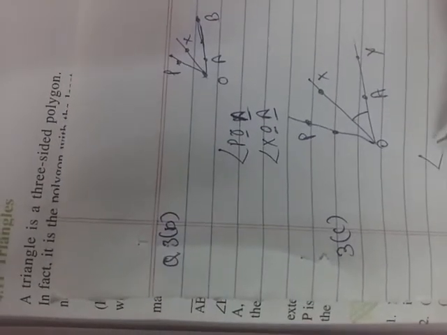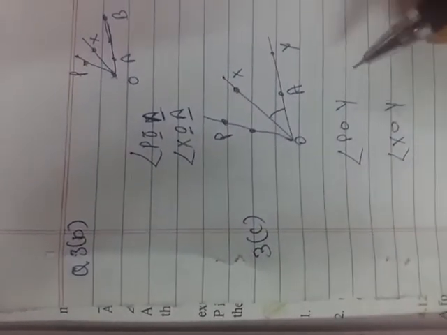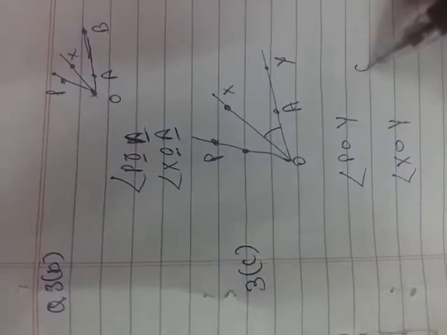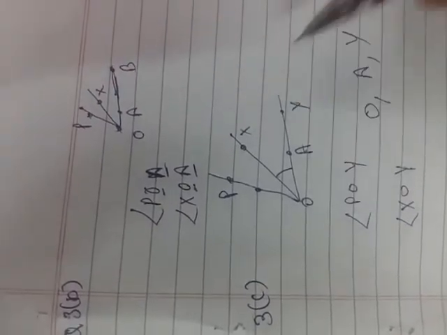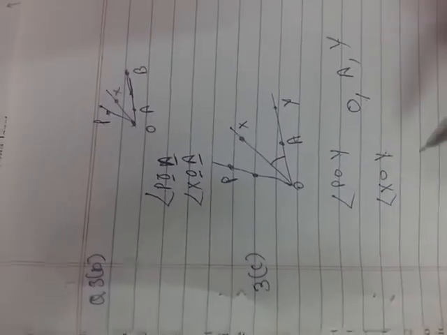One angle is angle POY, another angle is angle XOY. The common points are O, A, and Y. These are two angles which have 3 points in common.